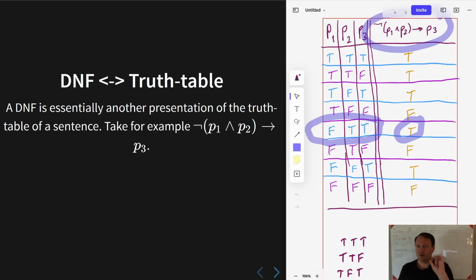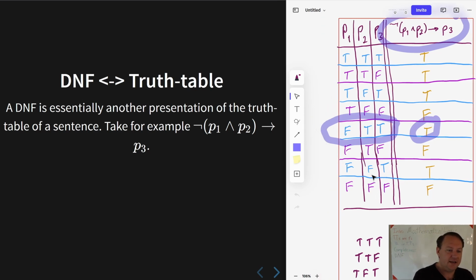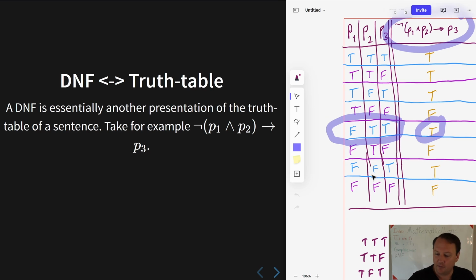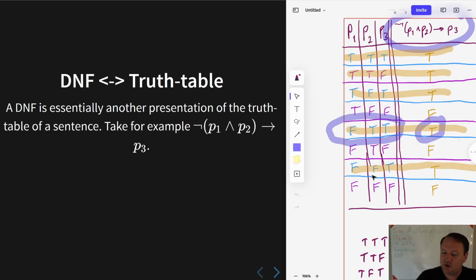As we've said, there's no unique disjunctive normal form, so we're going to get some disjunctive normal form for this sentence. Basically, the way that you do this from the truth table is you consider only the rows at which the sentence is true, right? So everywhere that the sentence is true, you select those, and for each one, we're going to write down a conjunction of negatomics.